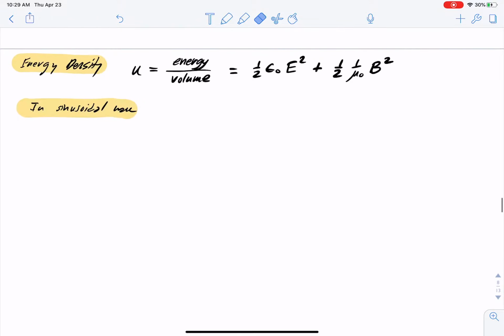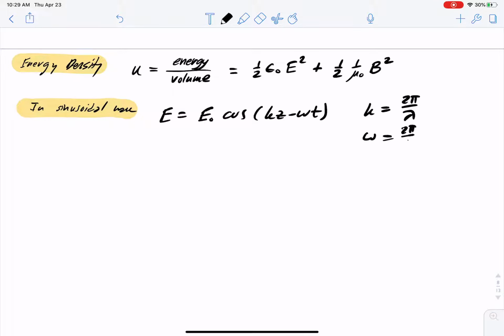Now, for a wave, let's write out what a sinusoidal wave would be. We'd have an electric field, which has an amplitude, where k is 2 pi over the wavelength, omega is 2 pi over the period, or 2 pi times f.